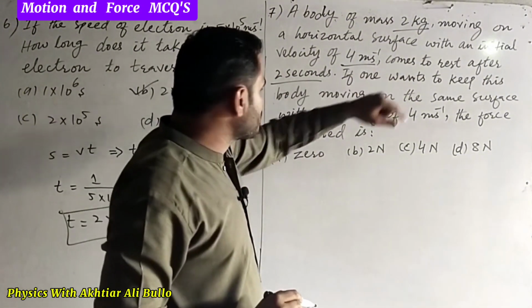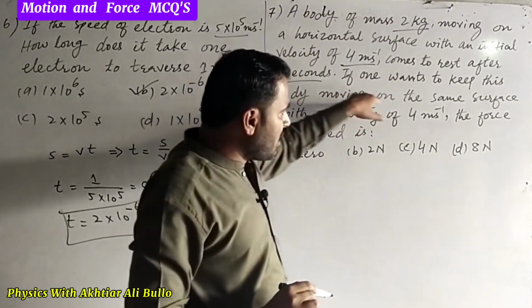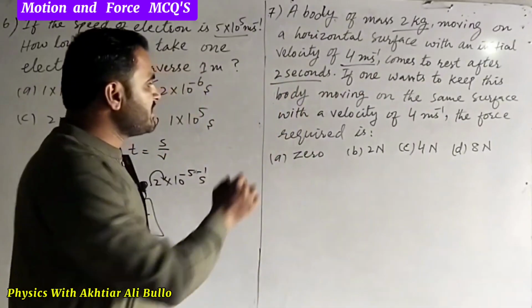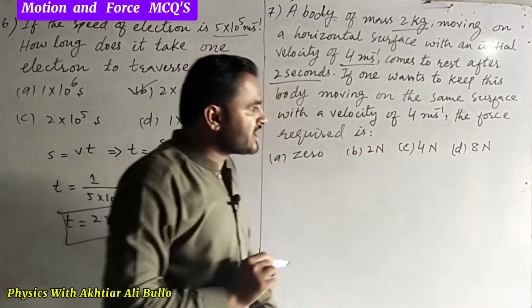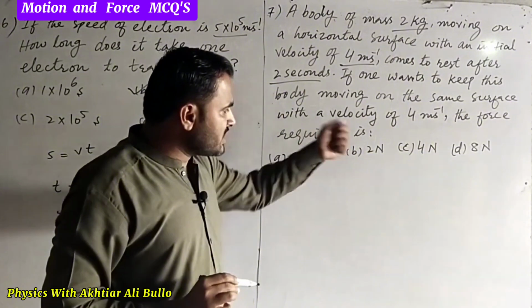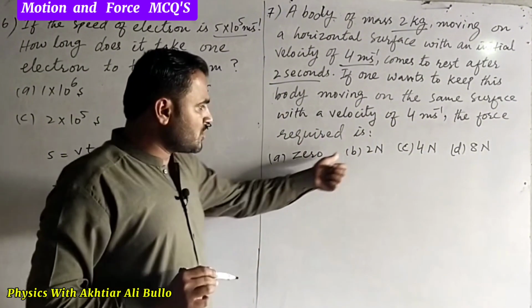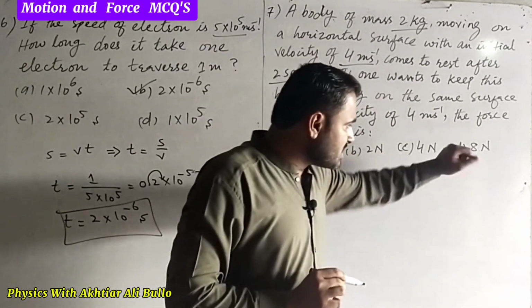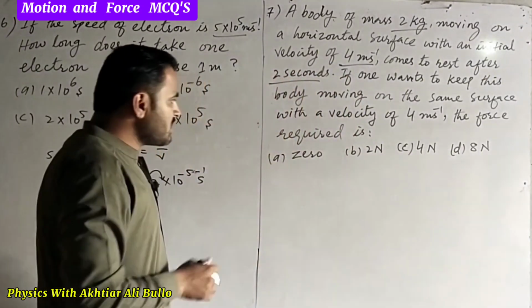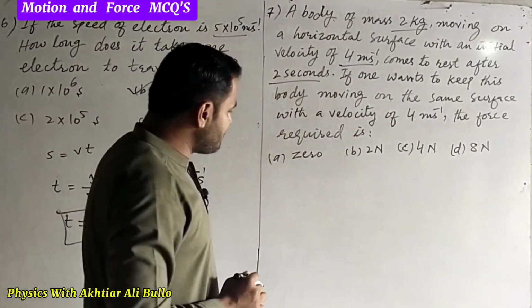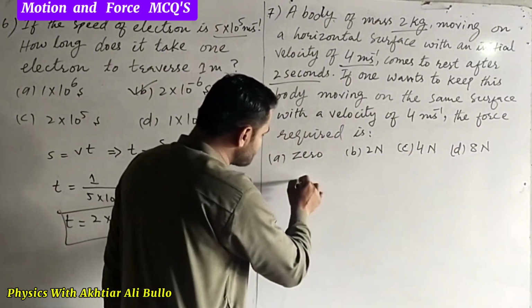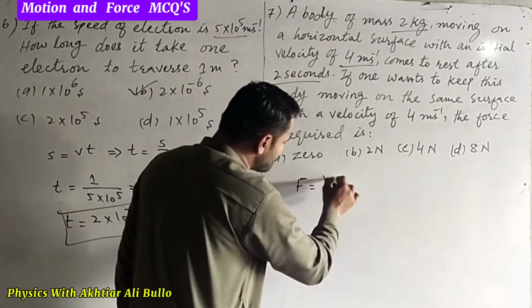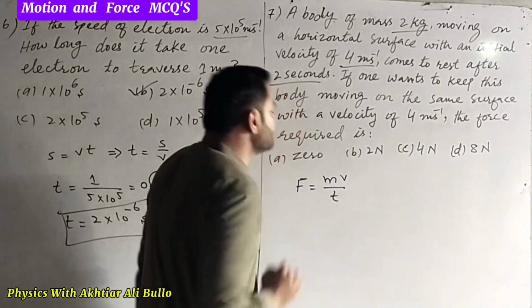If one wants to keep this body moving on the same surface with a velocity of 4 meter per second, the force required is A, 0, B, 2 Newton, C, 4 Newton, D, 8 Newton. To calculate force in this condition, we will use the formula F is equal to mv upon t.